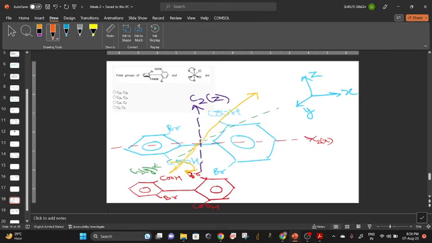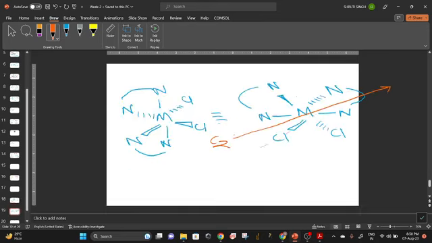There is no plane, is there? If we put a plane here, there is Cl. If we put a plane like this, this is up, this is down, so they won't reflect.